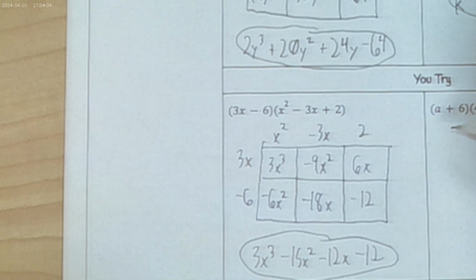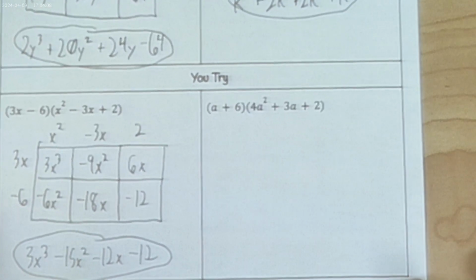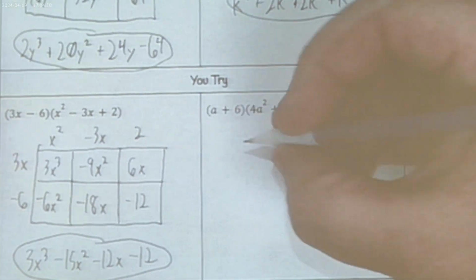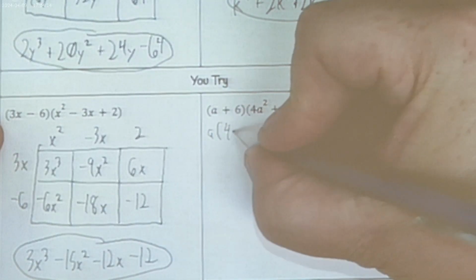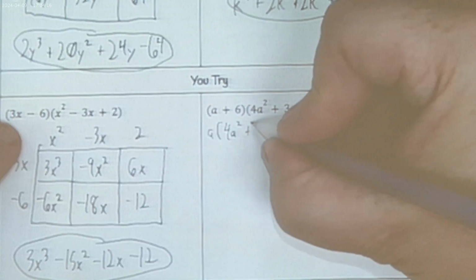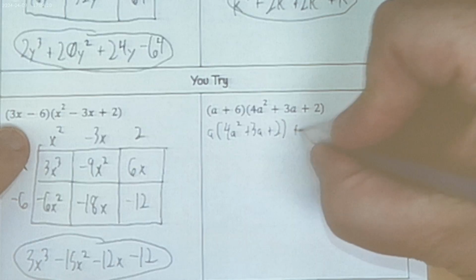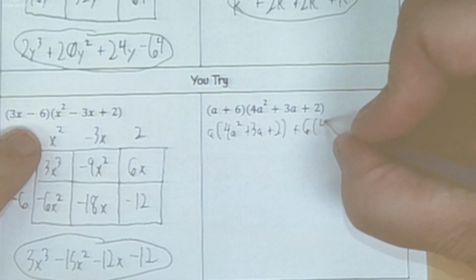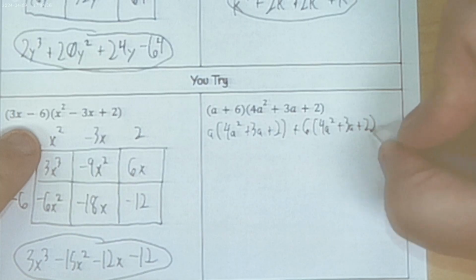Alrighty. For this last one, we're going to do the distributive property again, where that gives me a times 4a squared plus 3a plus 2, plus 6 times 4a squared plus 3a plus 2.